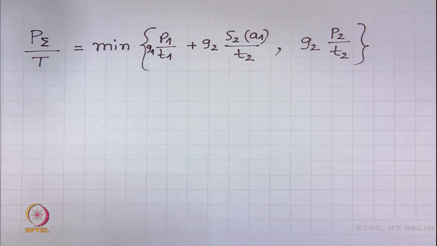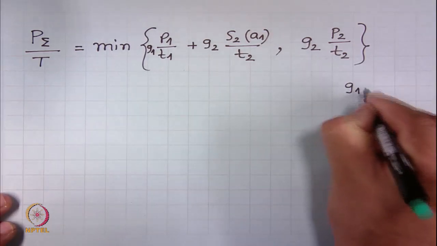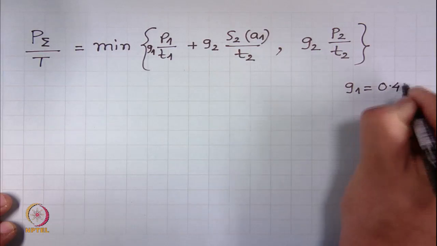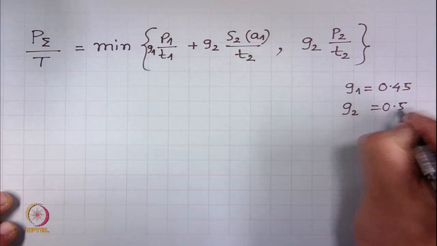Here G1 is given as 0.45 and G2 is 0.55.